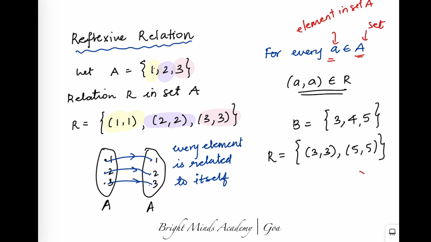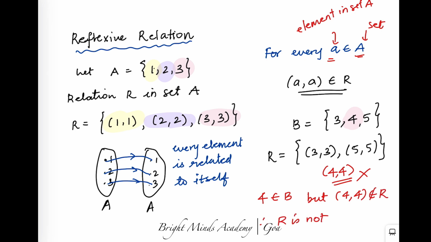Well, the answer is no. This is not reflexive, because if you see, B contains an element which is 4, but 4 comma 4 is not present in this particular relation. So 4 belongs to the set B, but 4 comma 4 does not belong to the relation R. Therefore, R is not reflexive. So even if one element is not present, it is going to be not reflexive.